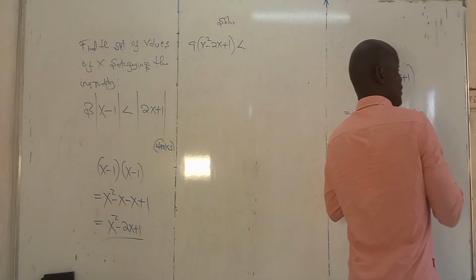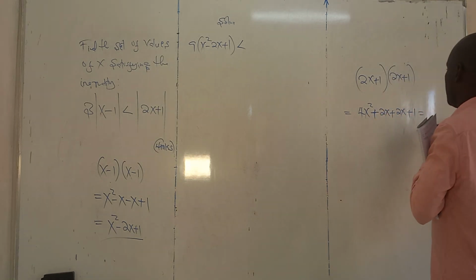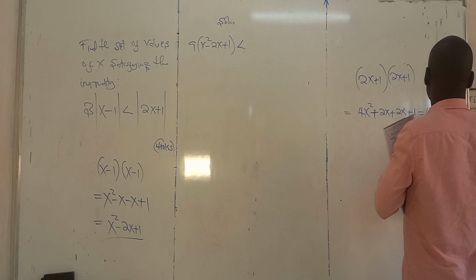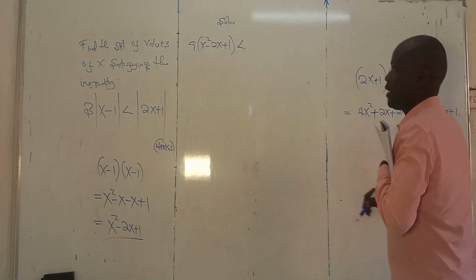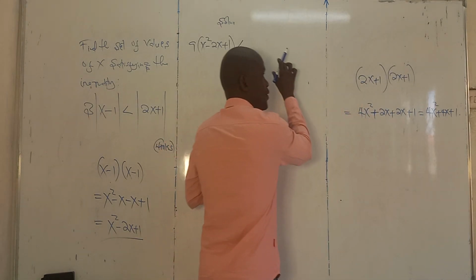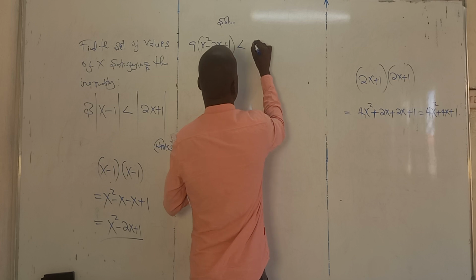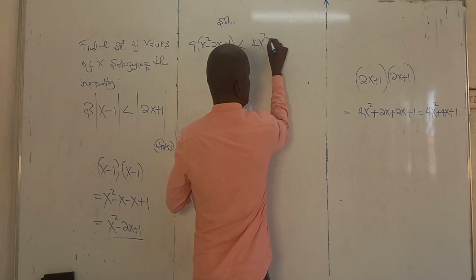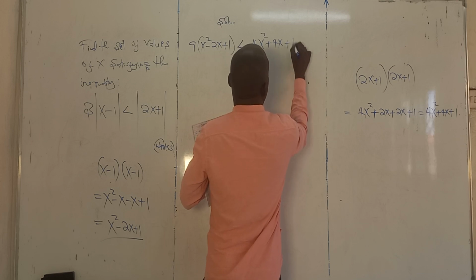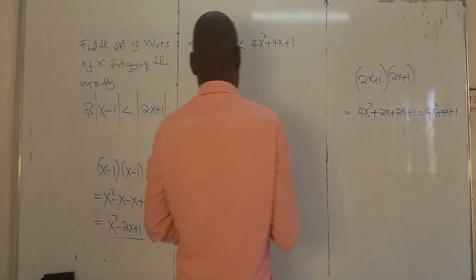If I open this up, it will be 4x squared plus 4x plus 1. That's what I have, and that's what I bring here. So I'll have 4x squared plus 4x plus 1, like that.